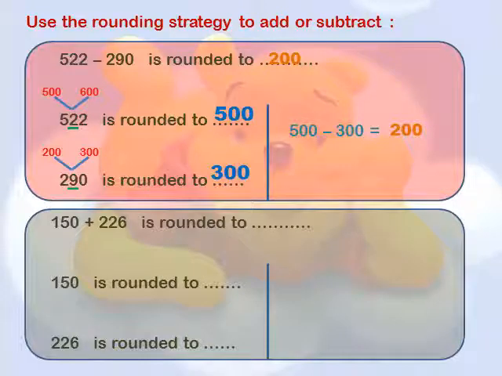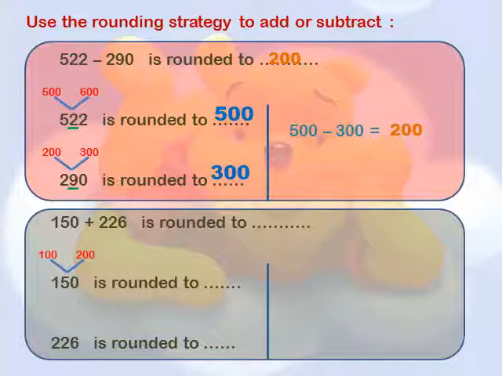Now we have 150 plus 226. I want to take each number alone. 150 is rounded to, let's see, 150 lies between which two hundreds? Yes, it lies between 100 and 200. And what about the tens place? 5.